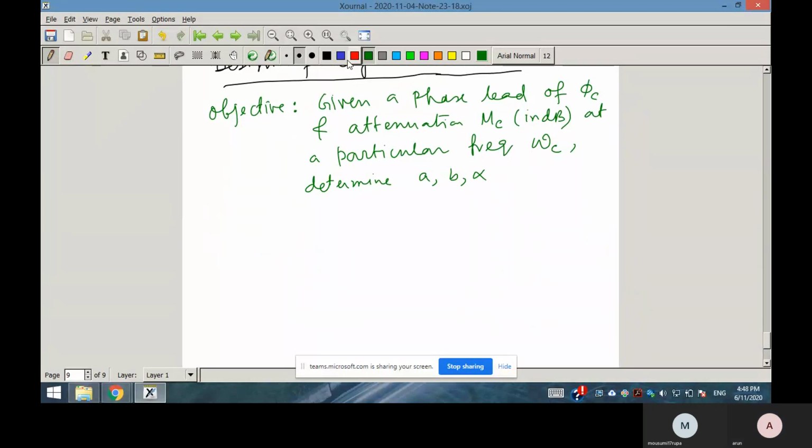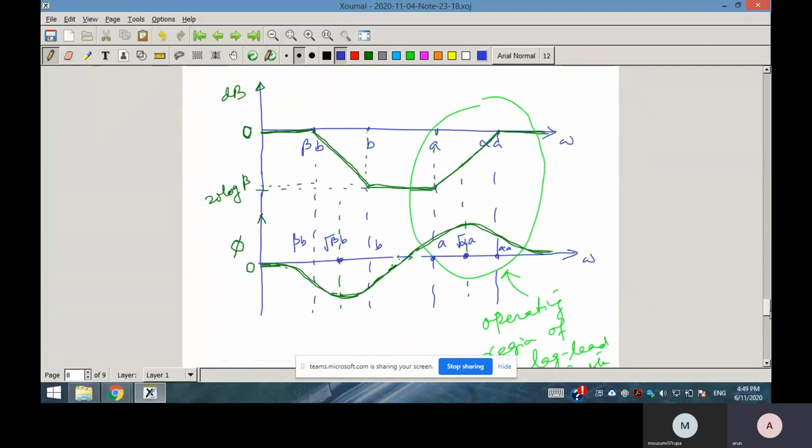Now, the solution. What is the gain attenuation? If you see this figure, this frequency range we will be using, as I said, is the operating region. In this operating region, what is the gain attenuation provided by the lag part?